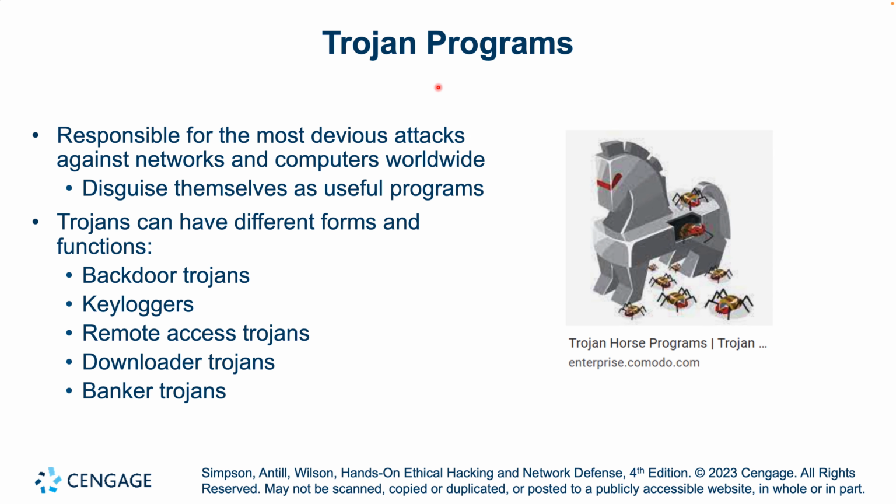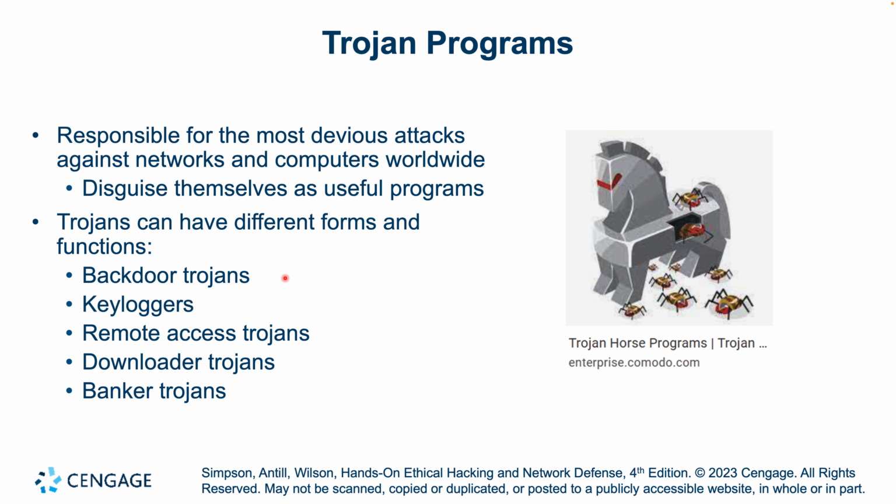Now, let's look at the Trojan programs. It is responsible for most really devious attacks against networks and computers worldwide. It usually disguises itself as useful programs. There are different forms of them. Let's look at each one of them. The first one is the backdoor Trojan.